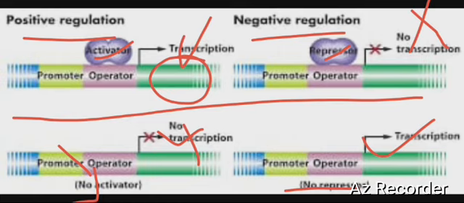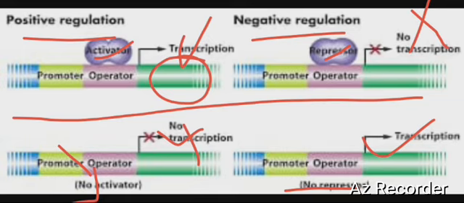Okay, that I will show you in my detailed slide in the next class. So that is achieved through the CAP and cyclic AMP combination. CAP is catabolite activator protein, and cyclic AMP, when it will bind, then it will start its working.